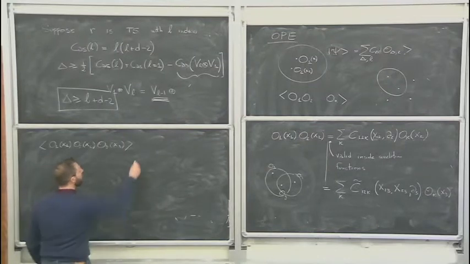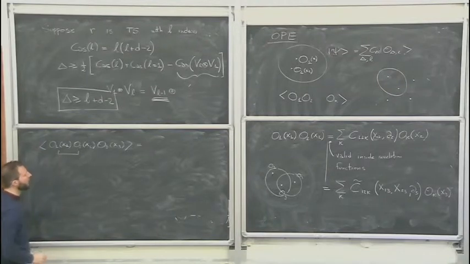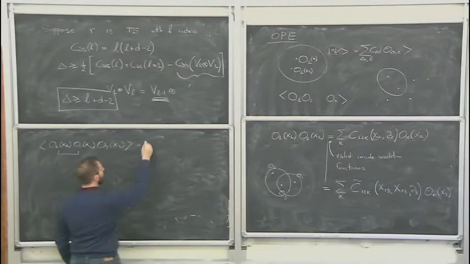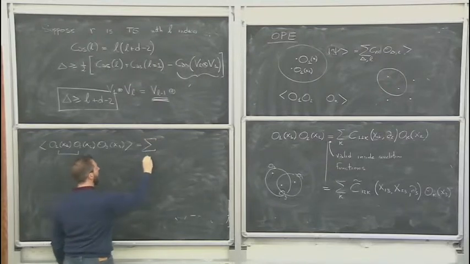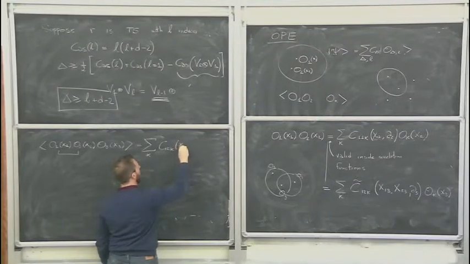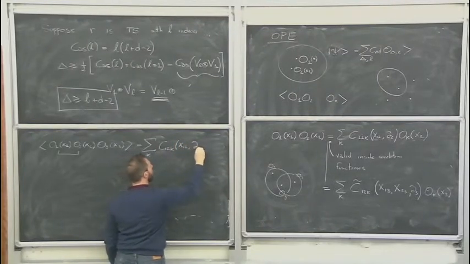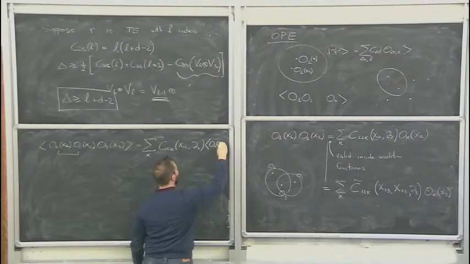Then you can use the operator product expansion, which is usually denoted like this, to write this quantity as a sum over k of C_{12k}(x12, ∂2) acting on the two-point function of O_k at x2 and O3 at x3.